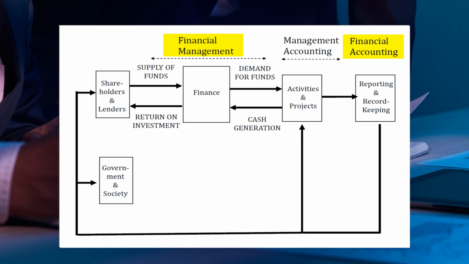In between we have management accounting, which helps the managers in making a balance between financial management and financial accounting, because management accounting is not compulsory, but financial accounting is compulsory. It is well structured. Management accounting and financial management are tailor made. According to the needs of the manager, they can be molded.